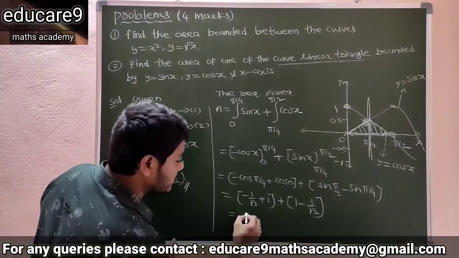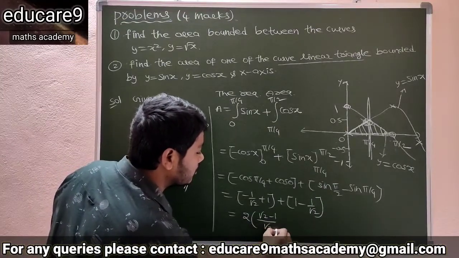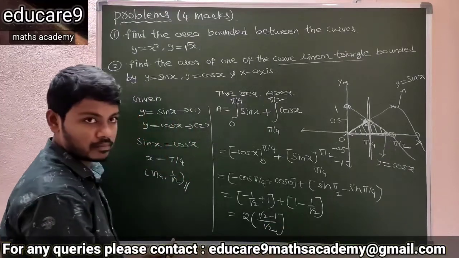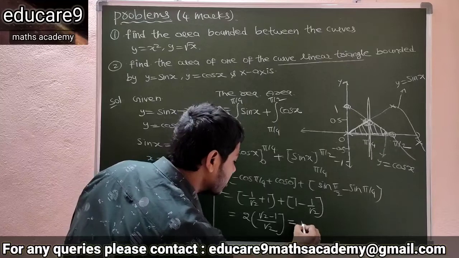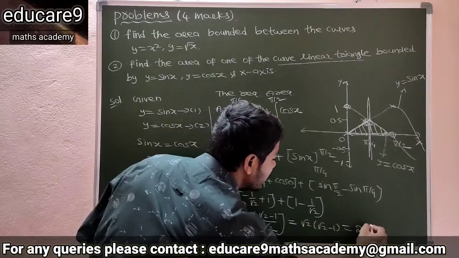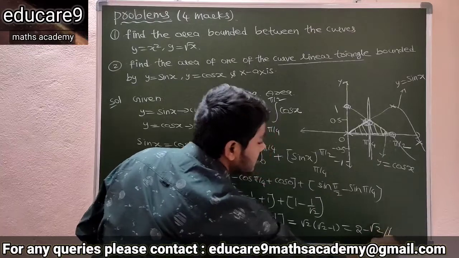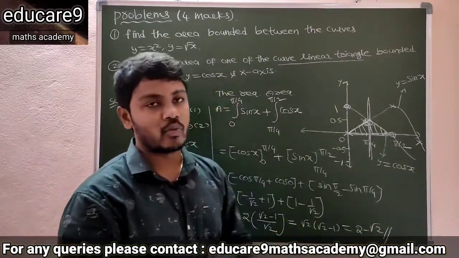So clearly, this is 2 minus 2 by root 2. Okay. So this is root 2 into root 2 minus 1. Again this is 2 minus root 2. So here 2 minus root 2 square units. So this is the required area.